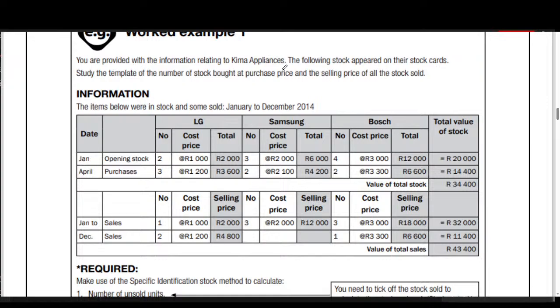Right, you are provided with information relating to Kima Appliances. The following stock appeared on their stock cards. Study the template of the stock bought at purchase price and the selling price of all the stock sold.